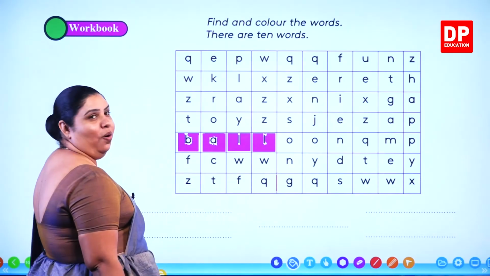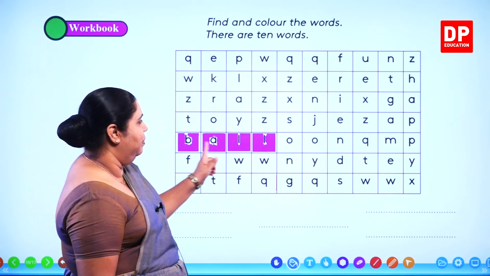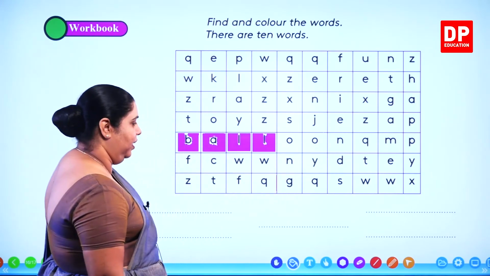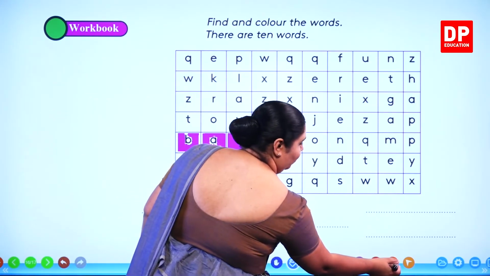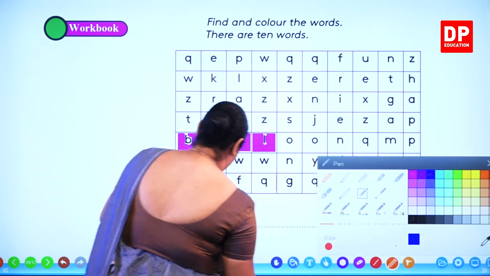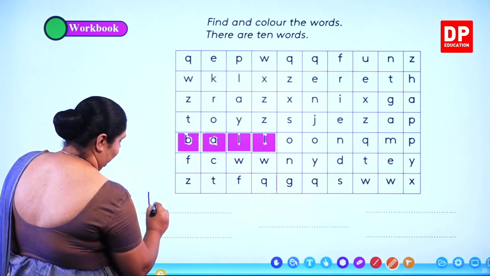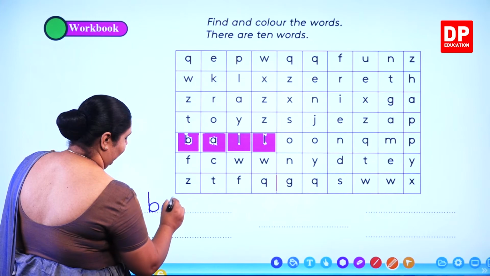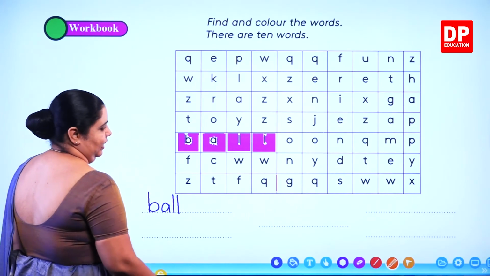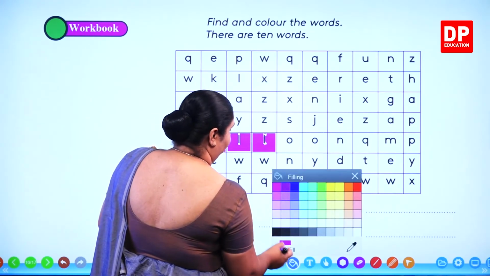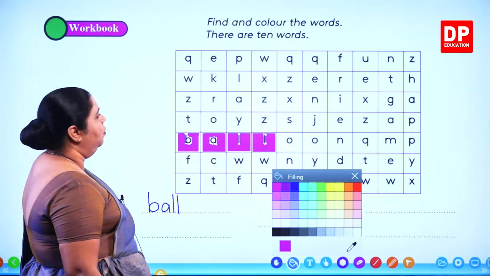B-A-L-L, ball. Now inside the word balloon, we have found a word ball. And now it's time for us to write that word, ball. B-A-L-L, ball.